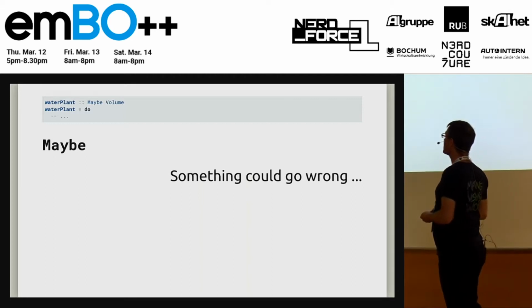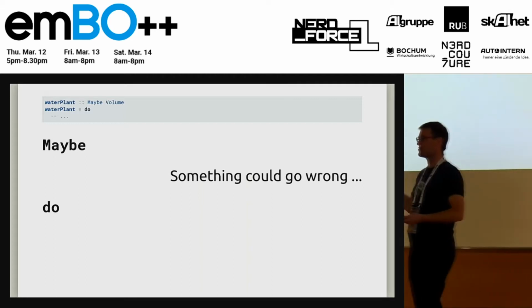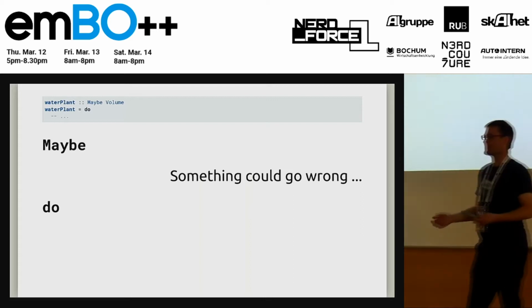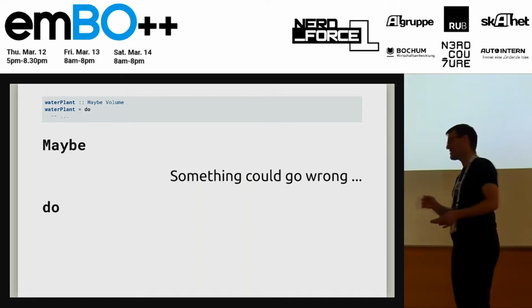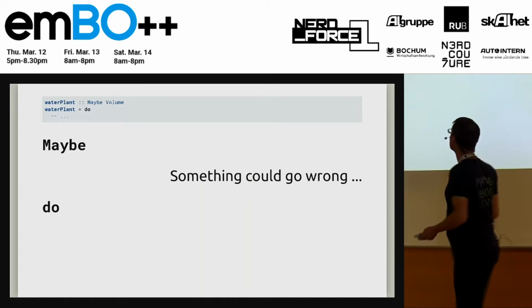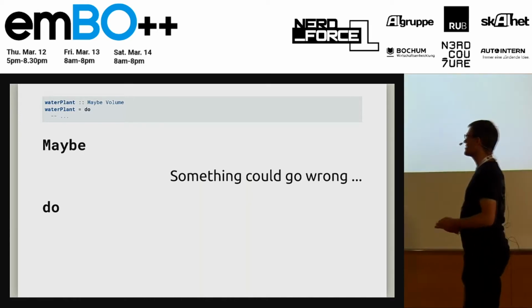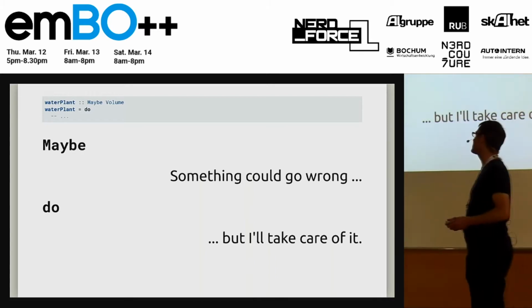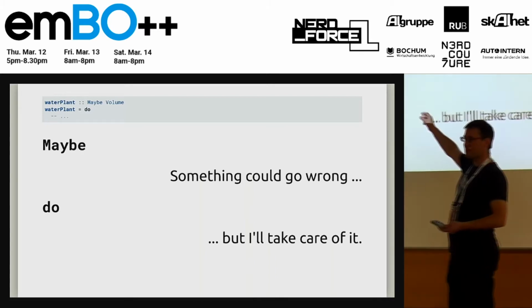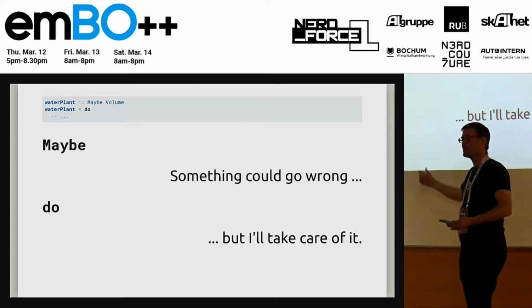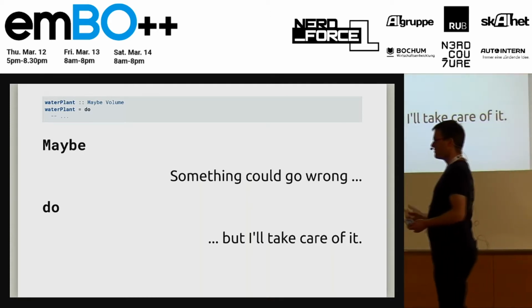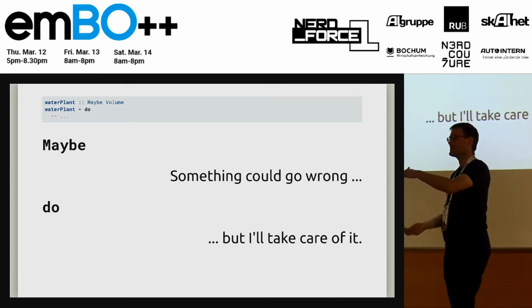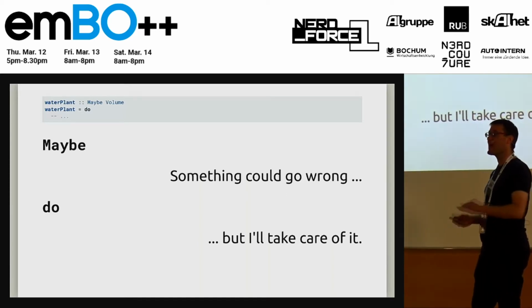The second thing is that the function starts with this do. Maybe because we're C++ programmers, for us do is a normal statement. In Haskell, it's something completely different. For the Haskell programmer, it's an indicator: we have seen there is a Maybe as a return value, so maybe it doesn't return anything at all, but there is a do, which tells me this body of the function already takes care of that.